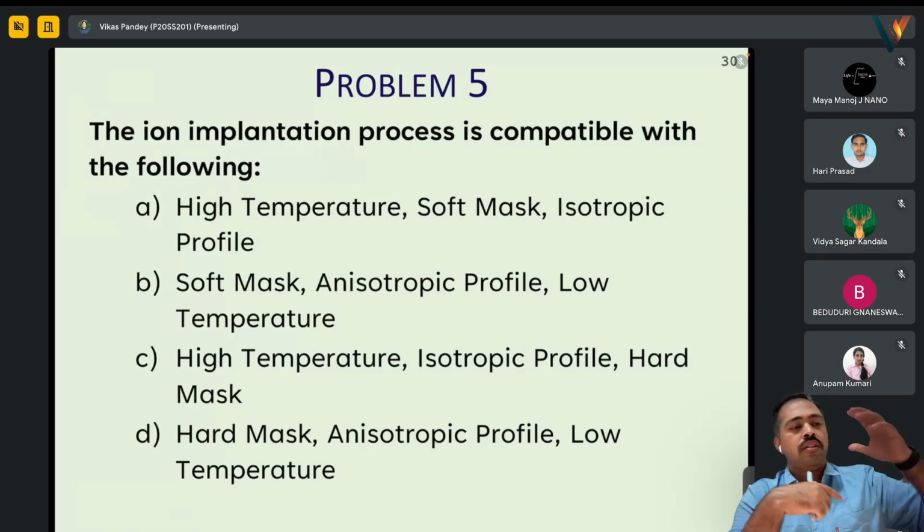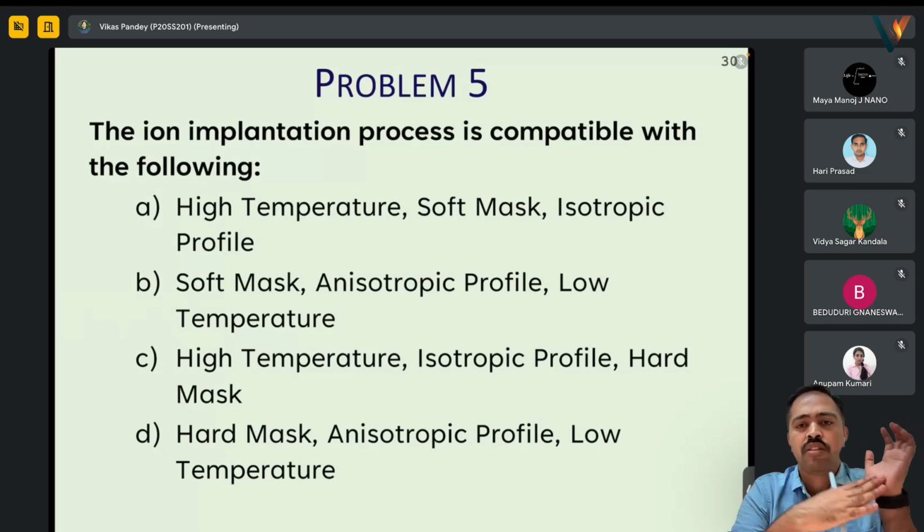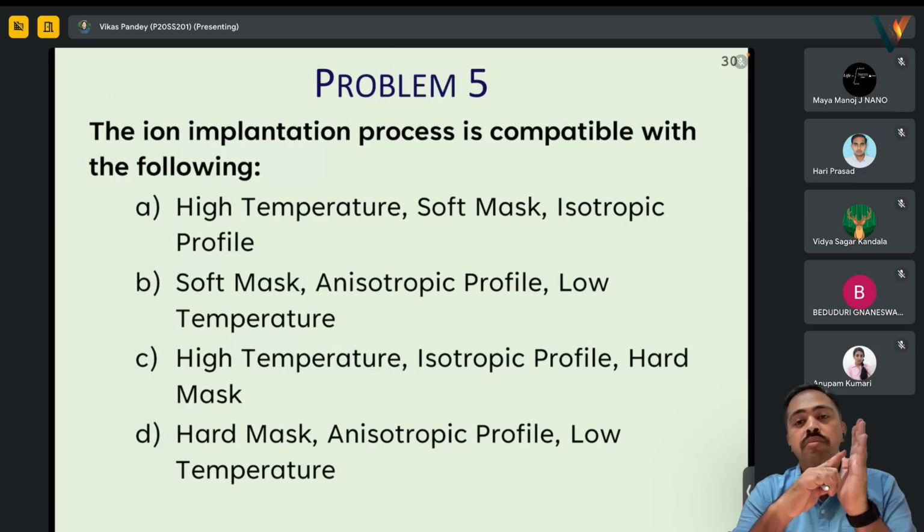Wherever we are talking about, unless we are talking about oxidation chambers and all, even in case of PVD, which we will talk about, if we are talking about giving some substrate temperature, the substrate is kept on some holder, right?